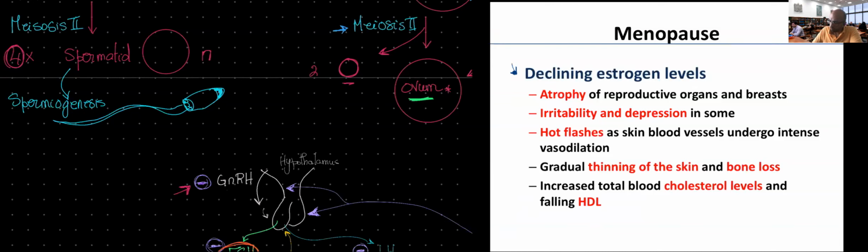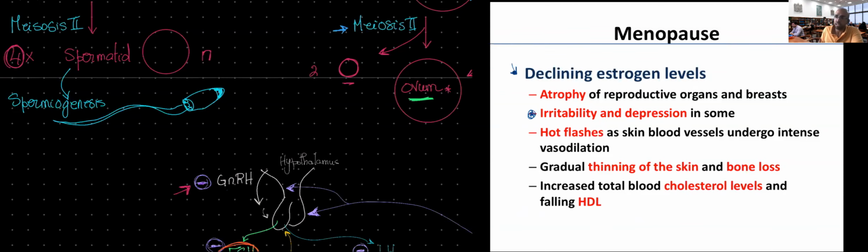Also, this will be associated in some people with irritability and depression, hot flushes of the skin because the skin blood vessels are going to be undergoing vasodilation, because estrogen normally acts as a vasoconstrictor.